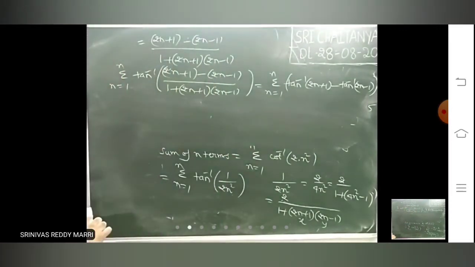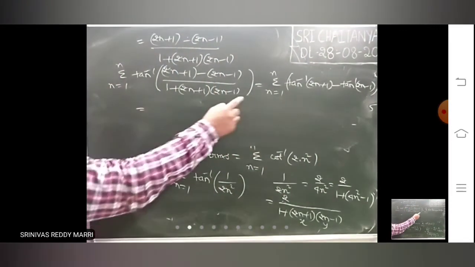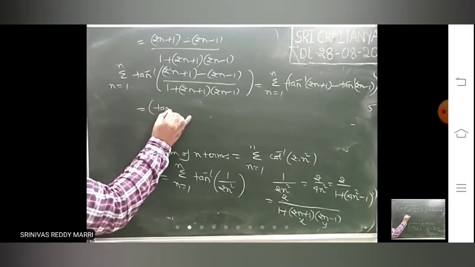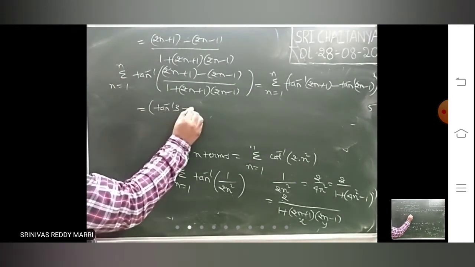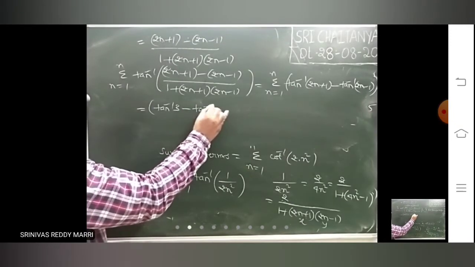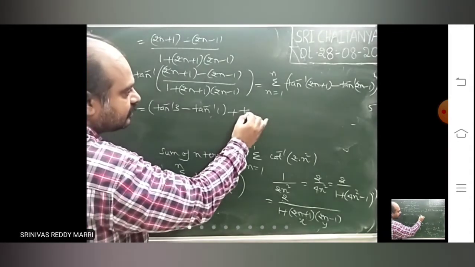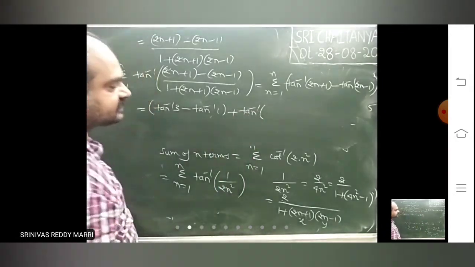This problem is very important. So substitute from n equal to 1. N equal to 1 means tan inverse 3 minus tan inverse 1.